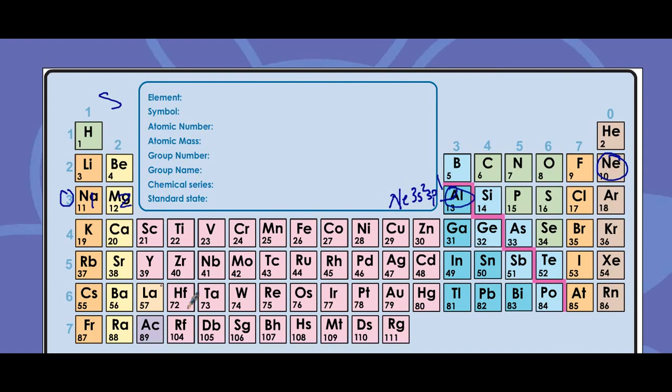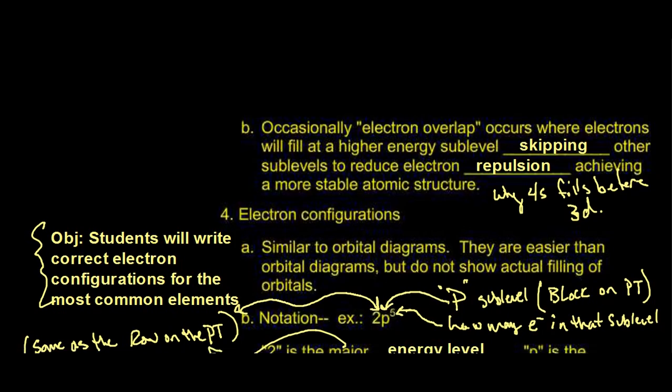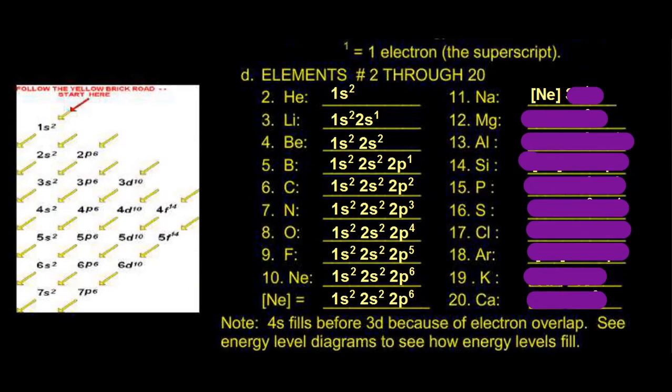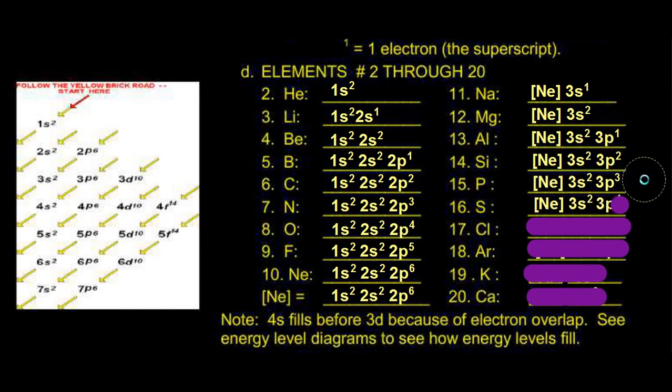Then 3p2, 3p3, 3p4, 3p5, 3p6, and no, we don't actually have anything beyond that. And then we're at argon, which is another noble gas.